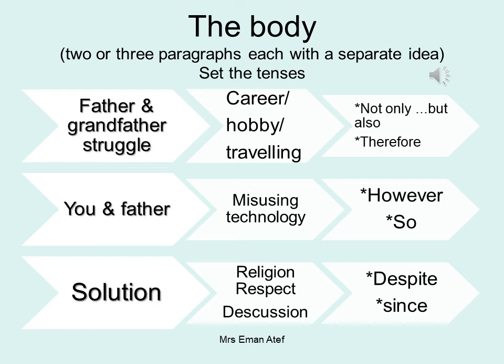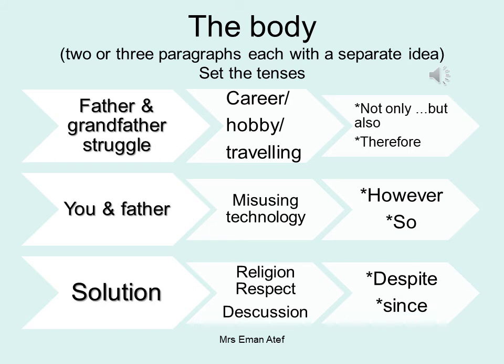The sub ideas are choosing the career, hobby, traveling, and of course I wrote the linking words just to remind myself that I have to use these linking words. So the whole paragraph should be one unit. It's about how your father and grandfather were facing the generation struggle.